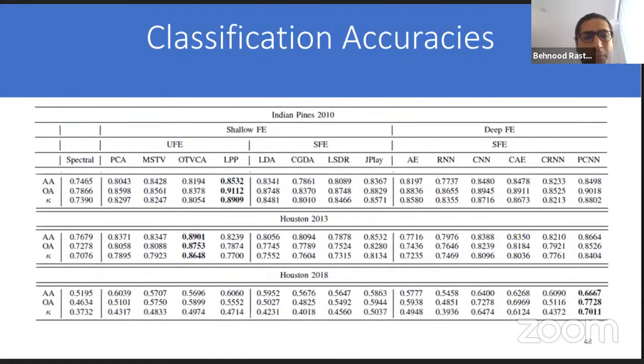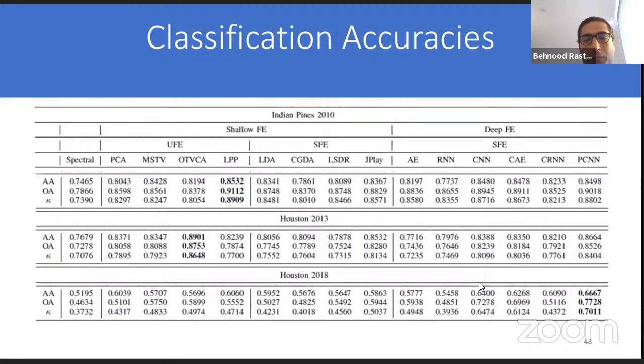So if you want to summarize the outcomes of the results here, you see, if you compare unsupervised feature extraction with supervised feature extraction, unsupervised feature extraction often outperforms the supervised feature extractions, or at least advanced unsupervised feature extractions.